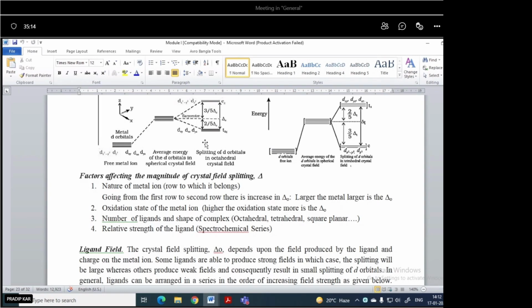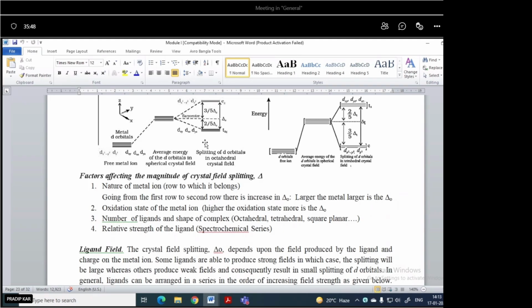Then the number of ligands and shape of the complex: octahedral, tetrahedral, square planar, different geometries are possible. The shape of the complex is important because the energy is different in octahedral, in tetrahedral, or in square planar where the interaction is strong, so the splitting value is also different. So both the shape of the complex and the number of ligands matter.